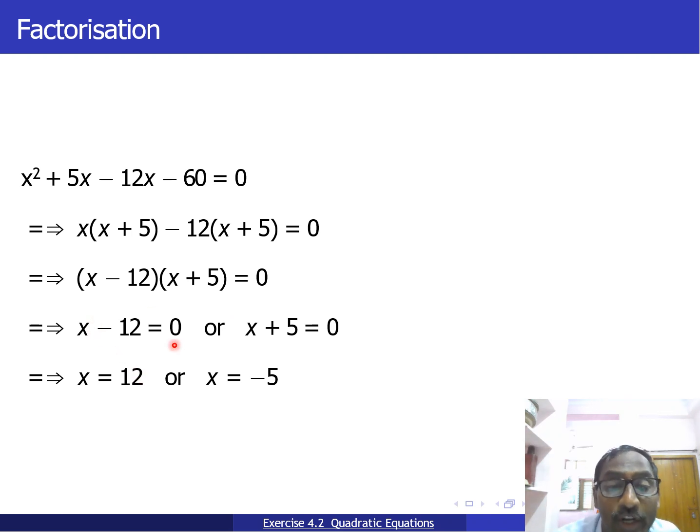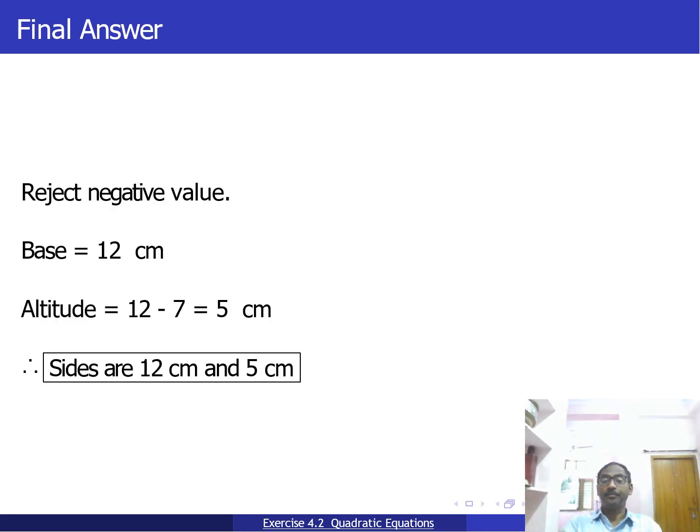This implies x minus 12 equal to 0, x plus 5 equal to 0. This implies x equal to 12, x equal to minus 5. So reject the negative value, base equal to 12 centimeter, altitude 12 minus 7 equal to 5 centimeter. Therefore the sides are 12 centimeter and 5 centimeter.